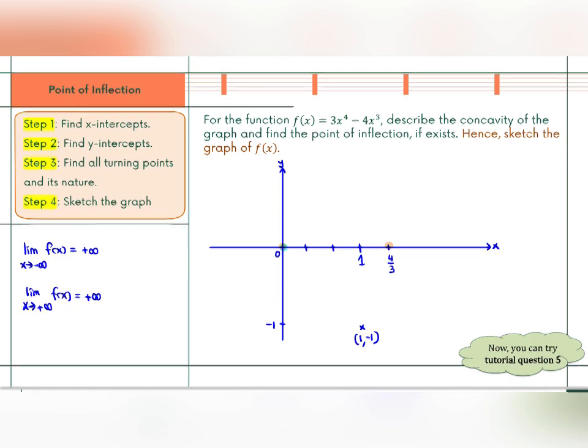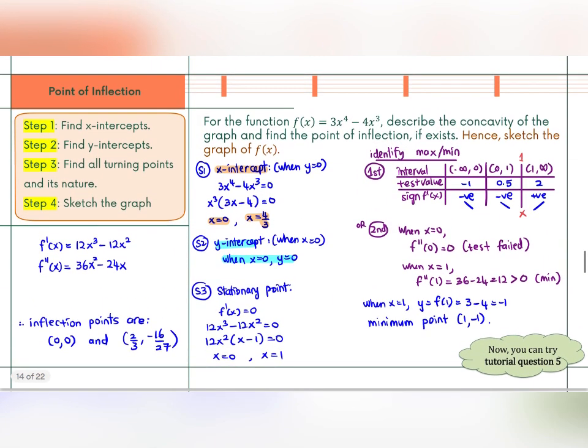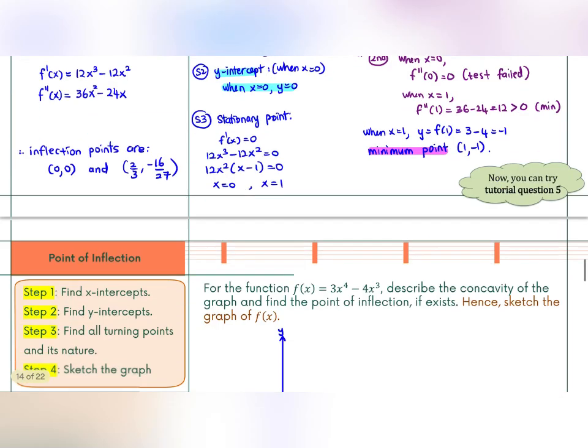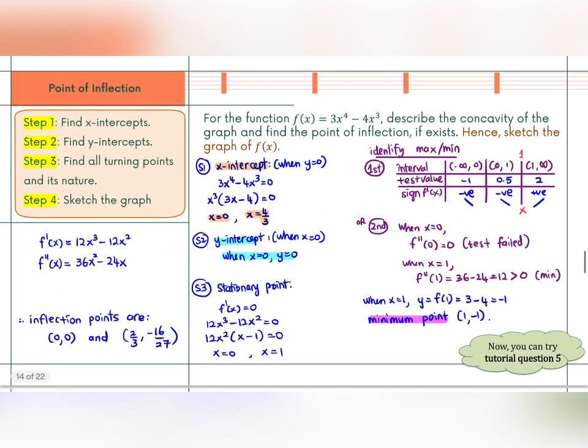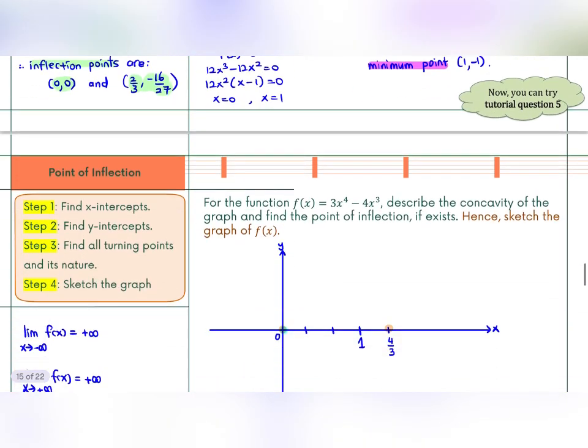And then let's look at our inflection point. Okay, tadi minimum point kita gunakan warna pink. Okay, and our inflection point, let's change into green now. So our inflection points dekat 0, 0 and 2/3, negative 16/27.